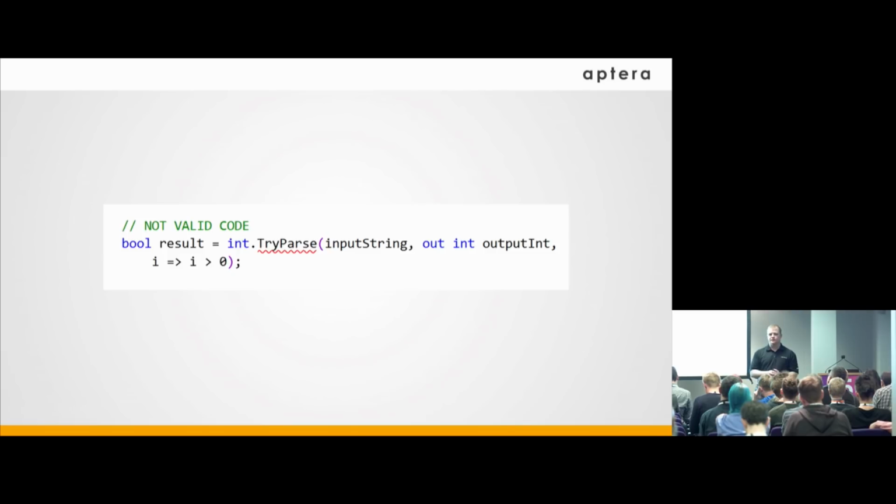It returns true or false based on the parsing. And if it were like pattern matching, you would also be able to pass in a lambda, and based on whether or not the lambda evaluated to true or false, you would parse it or not. Again, this is not valid code. Don't try and do that.